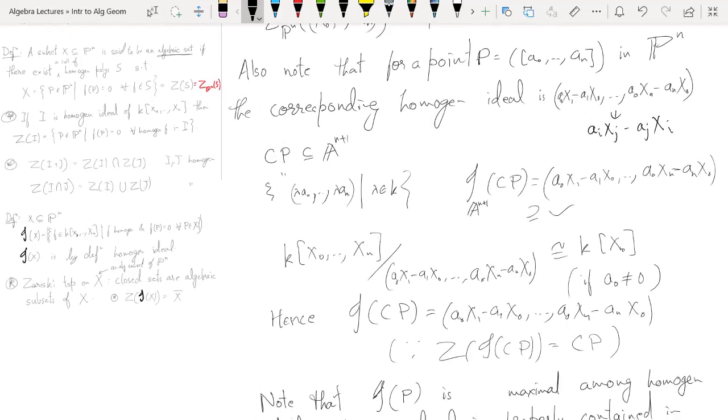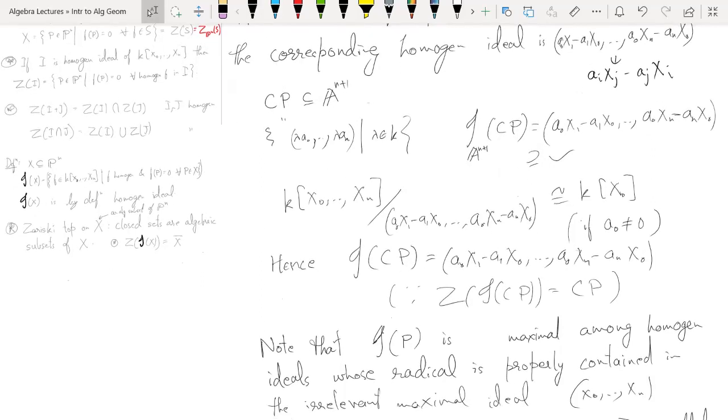That's clear, because first of all, a0x1 - a1x0, up to a0xn - anx0, all these elements belong to the ideal of definition of C_P, because each of these polynomials vanishes on C_P, the cone of this point.